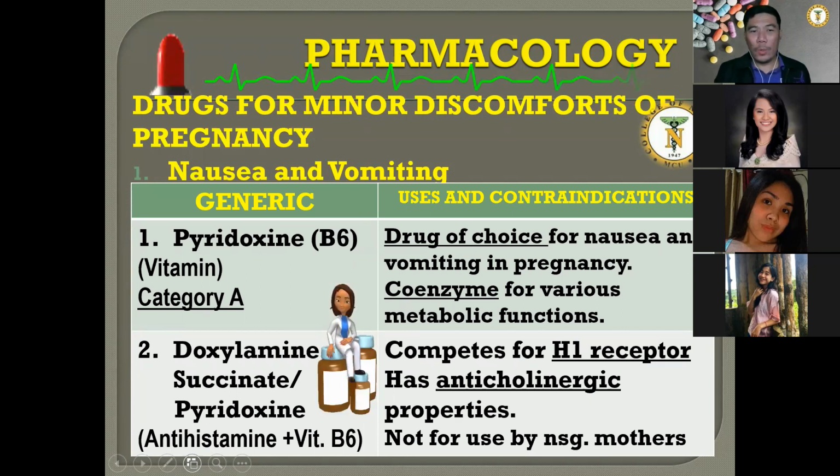So these are the situations. Now, the receptor that is usually part of inducing nausea and vomiting is the histamine 1 receptor.